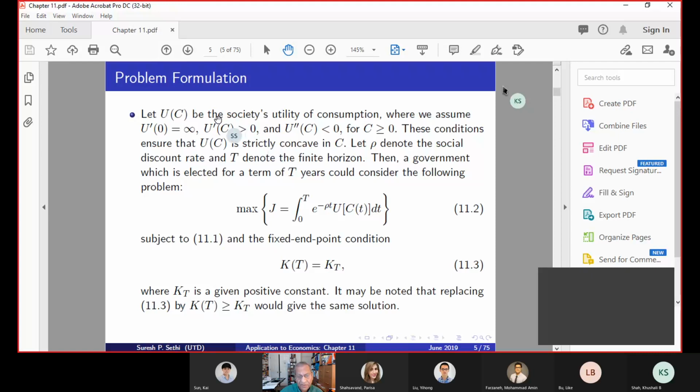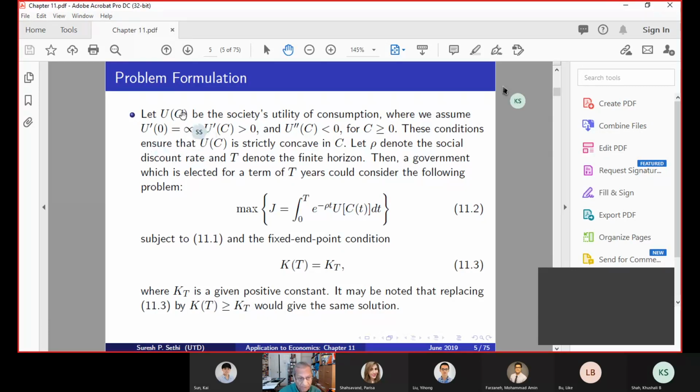Utility increases with C, and the marginal utility is diminishing, for C bigger than or equal to 0. Utility of 0 is 0, but that's also not clear. The utility of 0 is not necessarily 0. Utility of 0 could be minus infinity, if you consume nothing and you die.